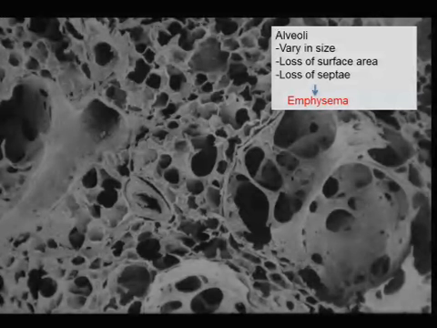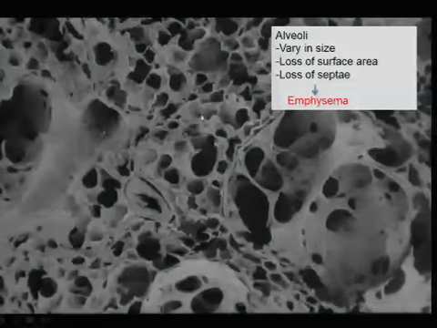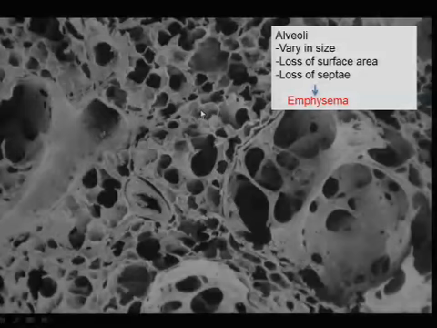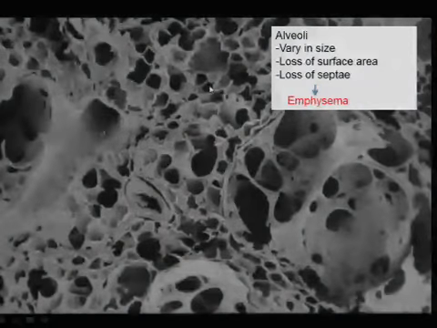And we're going to talk about this when we refer to emphysema. Emphysema is where we lose a lot of our surface area that's available for gas exchange. That's one of the biggest problems with emphysema: all these small alveoli, we have a deterioration of the septae, those borders between the alveoli, and then they form these large alveoli, but we lose a large amount of surface area.